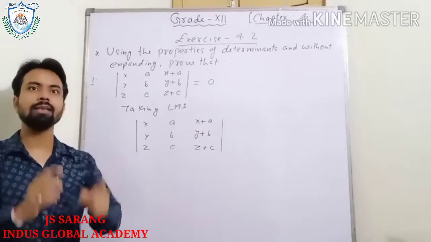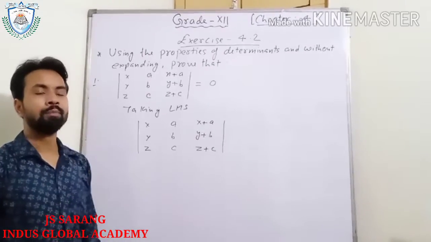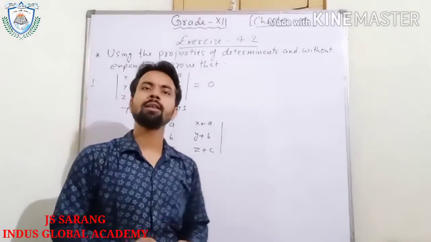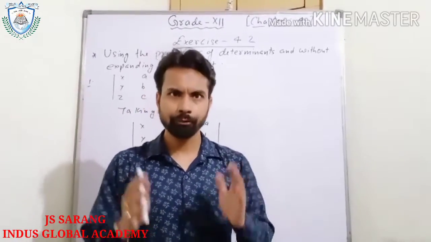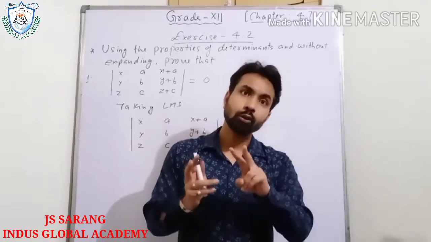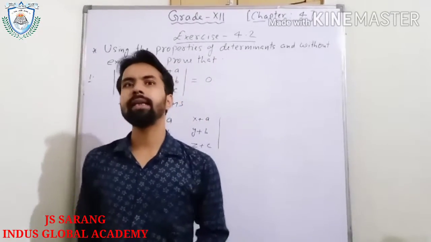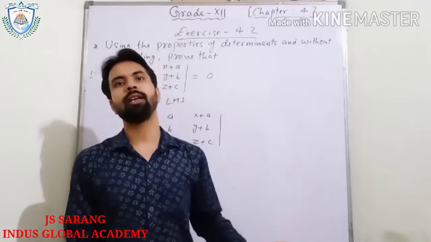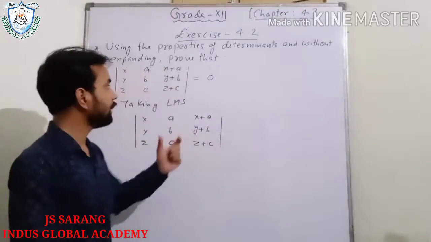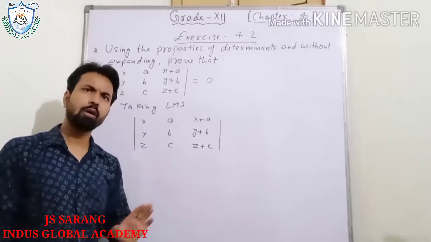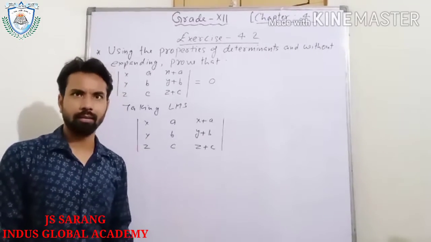According to the properties of determinant, I told you that if in a determinant 2 rows or 2 columns are identical, then the value of the whole determinant will be 0. So what we can do here? We will try to make 2 rows or 2 columns identical.